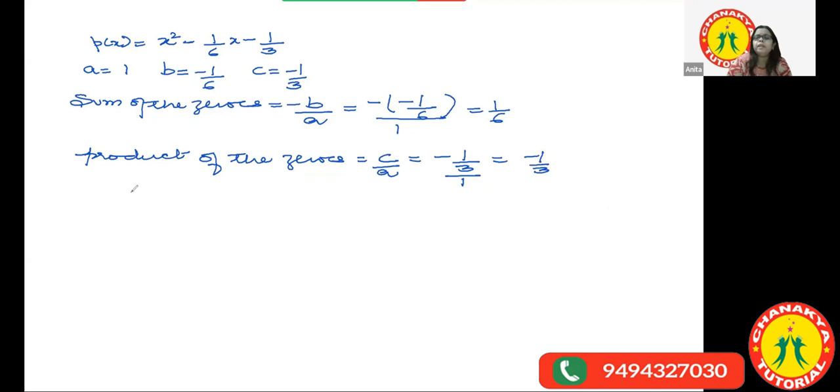And we have already solved that the sum of the zeros after adding value of alpha and value of beta was 1 by 6. And on multiplying, product of the zeros was minus 1 by 3. So therefore, we have established the relationship between sum of the zeros and product of the zeros. Have you understood, children? Yes, ma'am.